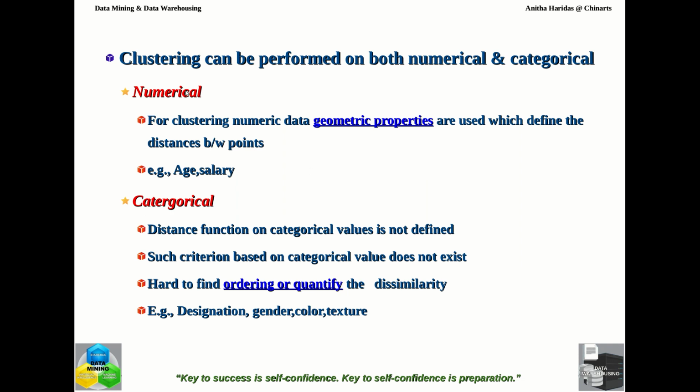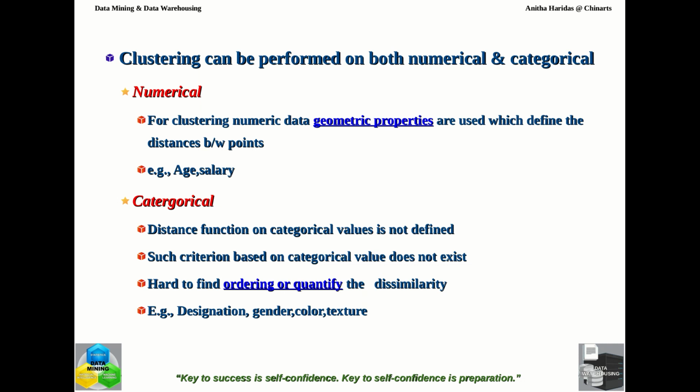Now, clustering can be performed on both numerical as well as on the categorical data. When we do the clustering process, for example, you may be grouping the customers based on the location. You may be grouping the customers based on the age group, grouping the customers based on the income, right?